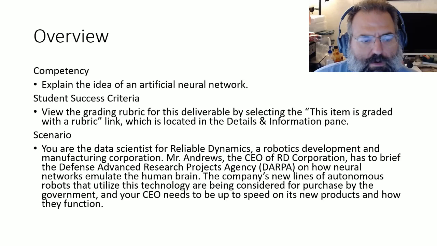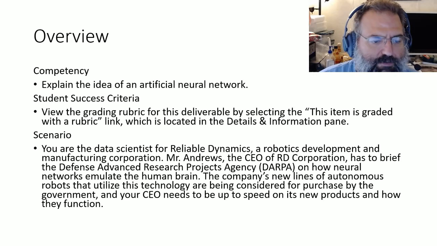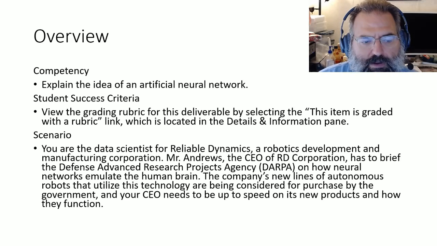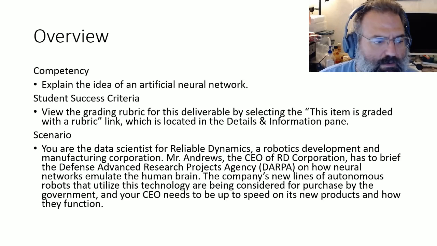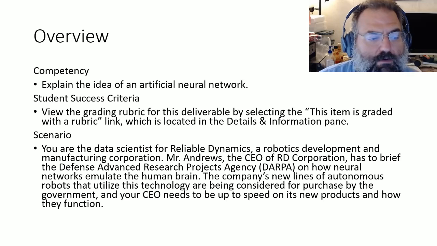You're working as a data scientist at Reliable Dynamics, a robot development and manufacturing corporation. You work for Mr. Andrews, the CEO of R&D. He has to brief, looks like DARPA, on how neural networks emulate the human brain.